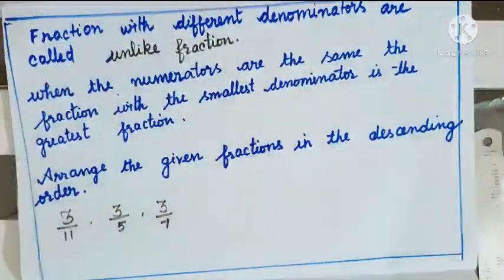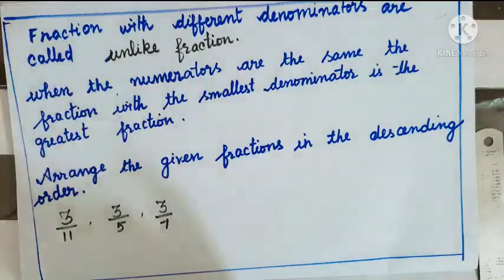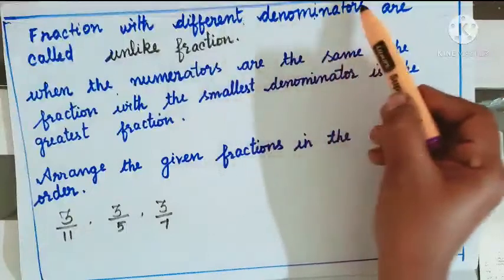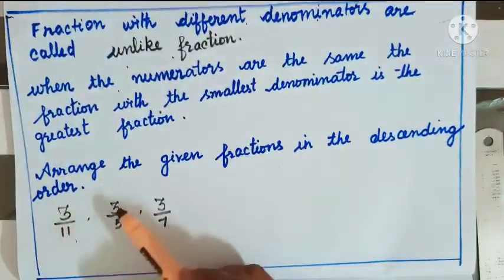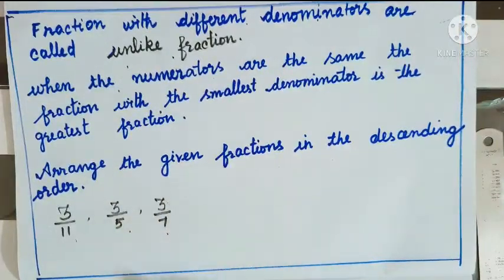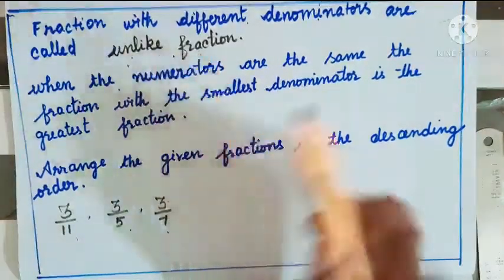Now, we are going to see unlike fractions. What is an unlike fraction? The fractions with different denominators are called unlike fractions. Here see 3 by 11, 3 by 5, 3 by 7. All the denominators are different. Okay. That is called as what? Unlike fractions.